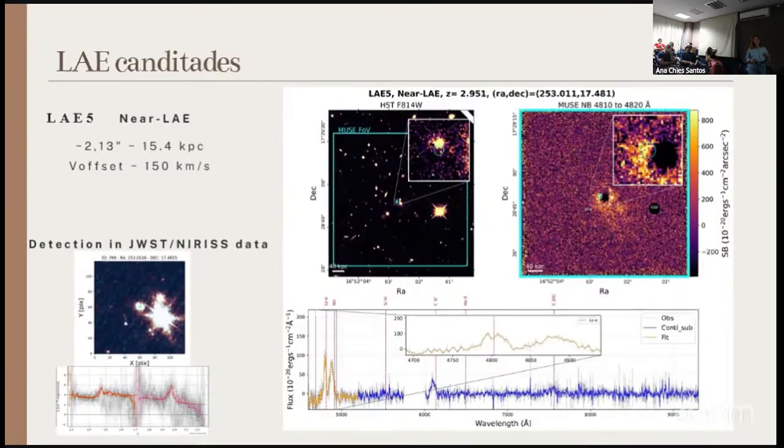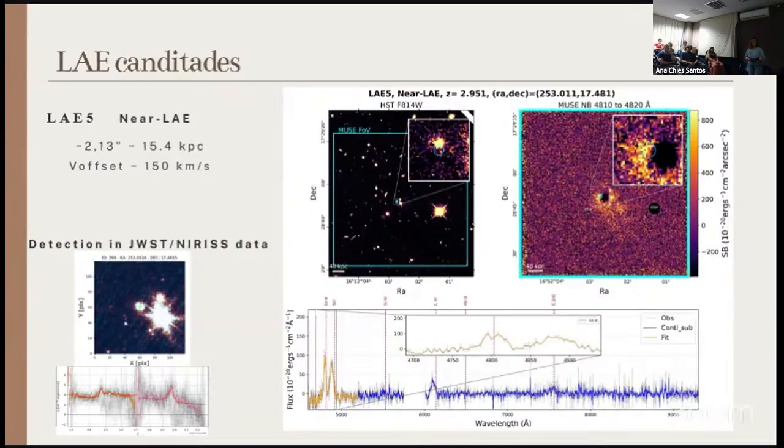You can see here the Hubble Space Telescope image, and in this rectangle you can see the MUSE narrowband detection. This Lyman-α emission is in the Lyman-α nebula of the quasar, and we also have a detection in the NIRSpec data at the same position.